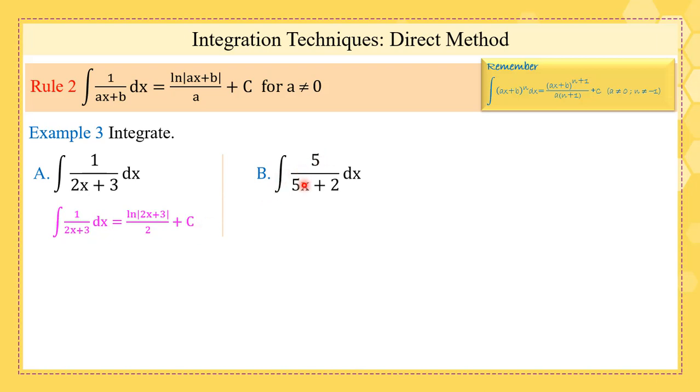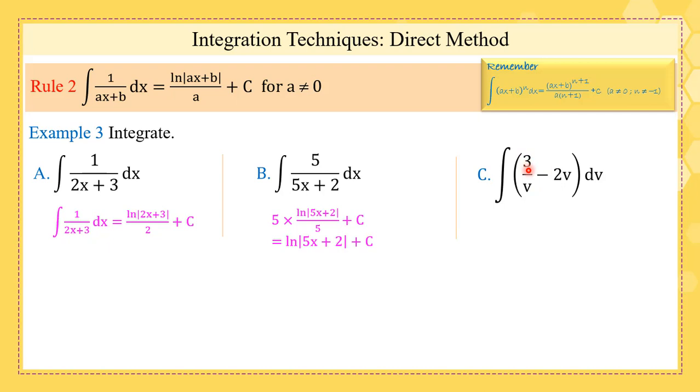Integral of 5 over (5x + 2) dx is equal to 5 outside the integral. The integral of 1 over (5x + 2) equals ln absolute value of (5x + 2) over 5 plus a constant. We simplify by 5, which equals ln absolute value of (5x + 2) plus a constant.